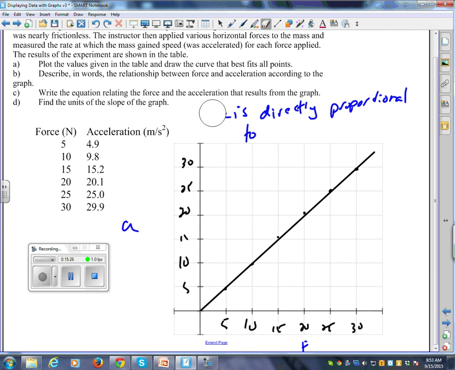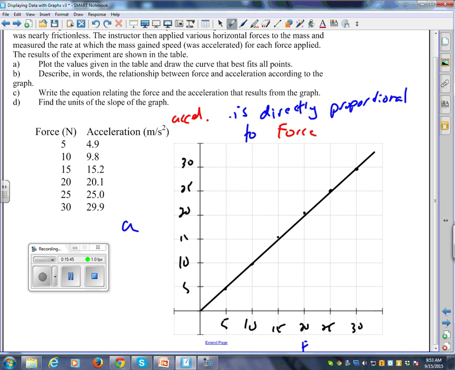The y comes first. Acceleration is directly proportional to the force. Directly proportional is code for linear relationship. You could say it's linearly related as well. It's hard to say, linearly. The acceleration is directly proportional to the force.